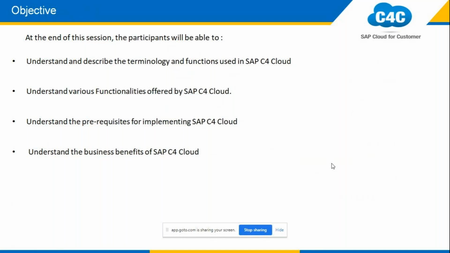These are the objectives which will drive this demo agenda as well, and you will understand why C4C Sales and Service Cloud is very important in the current scenario and the current business trend.